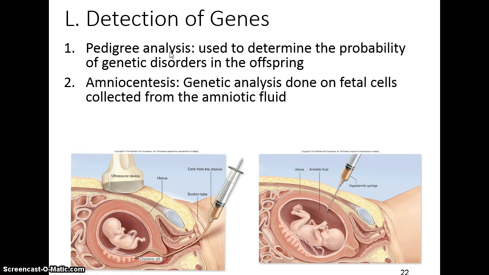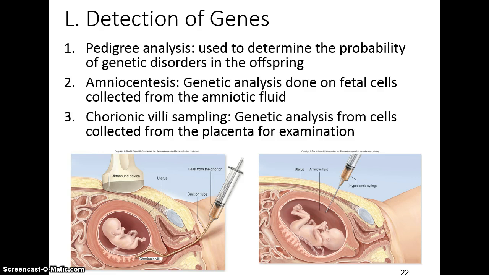Or there are a couple of procedures. Amniocentesis is where they take some of the fetal cells from the amniotic fluid and then do genetic analysis on those. Or there's also chorionic villi sampling, where they take cells from the placenta. Both of those contain cells provided by the baby, so you can do genetic analysis on those cells.